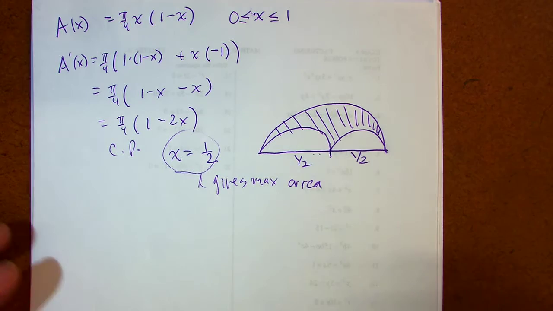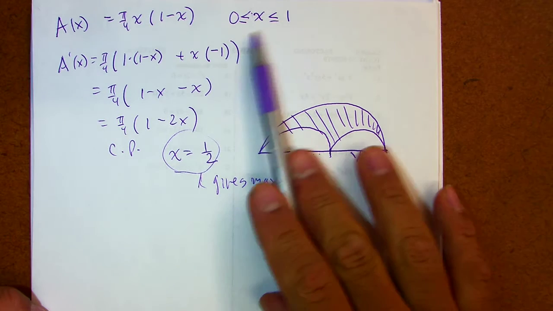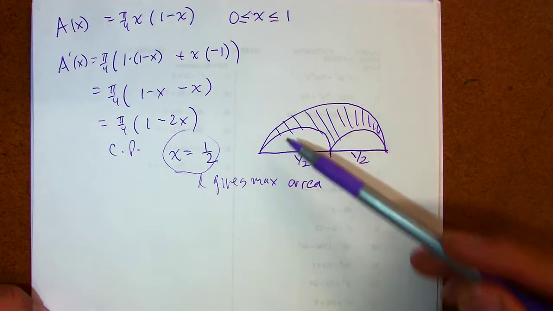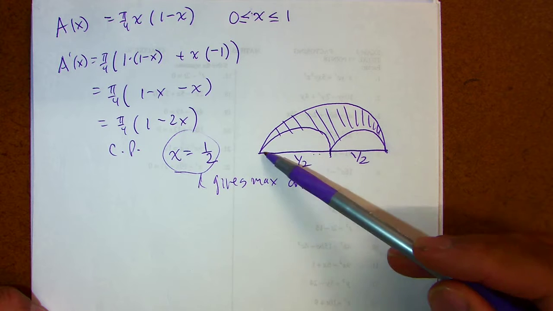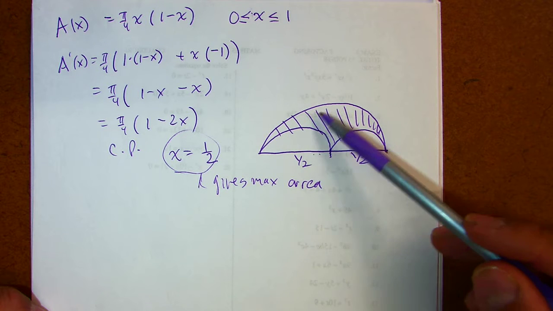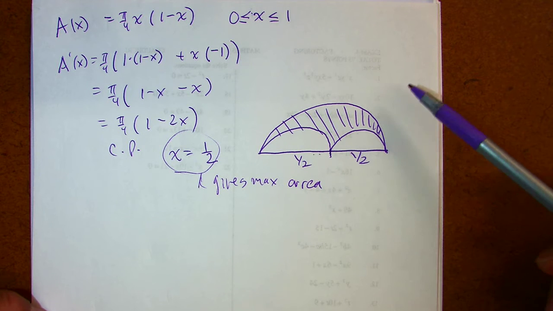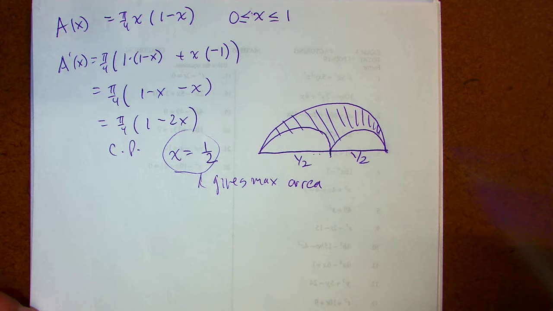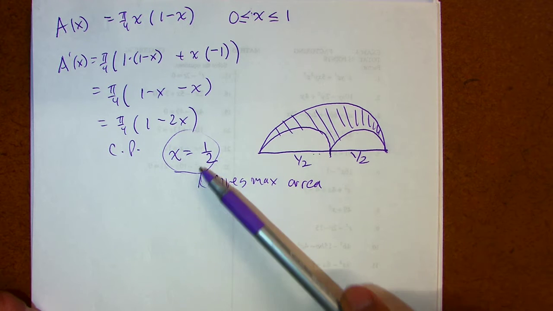Notice that in this case, the endpoints result in an area of 0, so we don't really have an arbelos. We just have one of these completely overlapping the larger semicircle. So the only way that we get a max shaded area is when x is equal to 1/2.